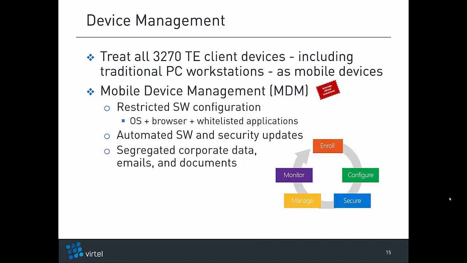This is quite a departure from today's software-heavy 3270 client workstations, and it may not be for every organization, but it can be done, and it generates tremendous benefits as experienced by our customer, Fraken.